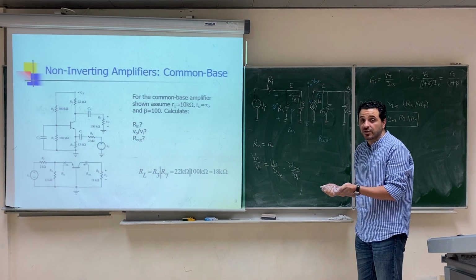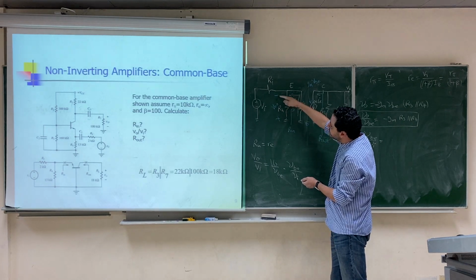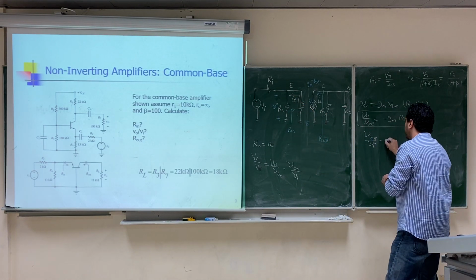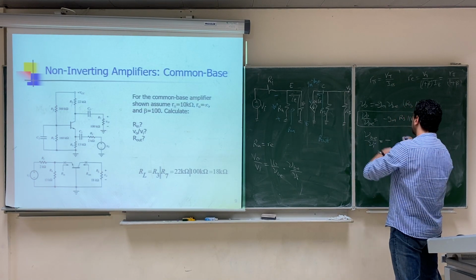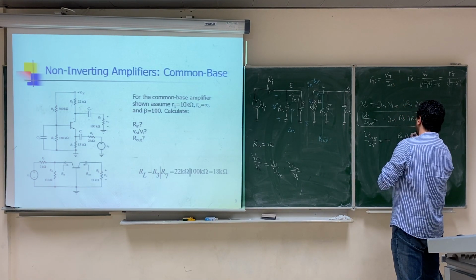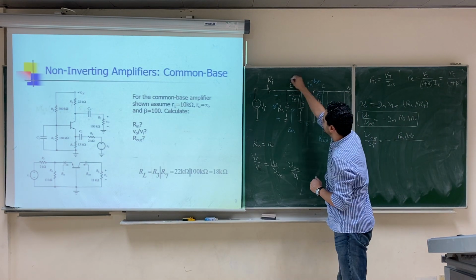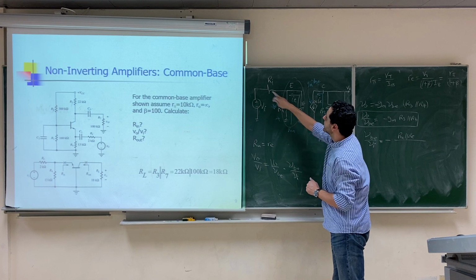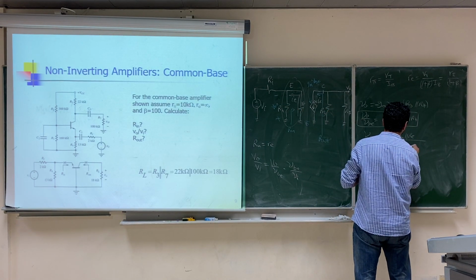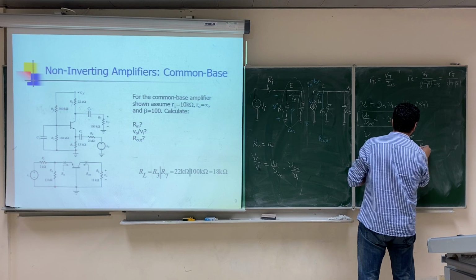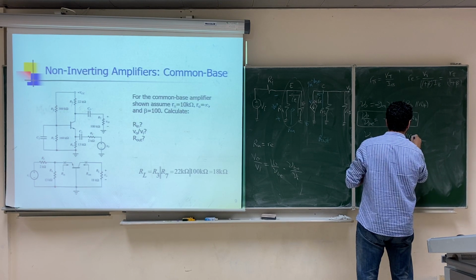But now we need VBE, which has the positive down and the negative up, so it will be negative. So VBE over V input is negative R4 parallel with RE, over the sum, RI plus R4 parallel with RE.